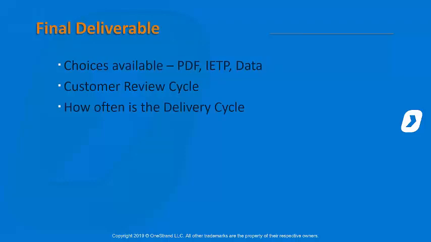Then, of course, we come to our final deliverable. With our final deliverable, there are really 3 choices available: PDF, IETP or IETM, and data. And you could be delivering all 3. So we need to know what deliverable we need.